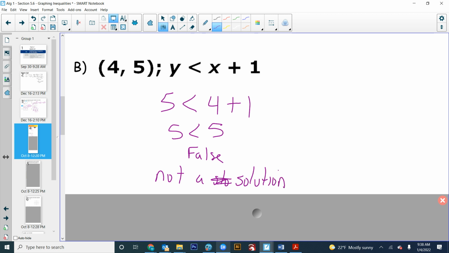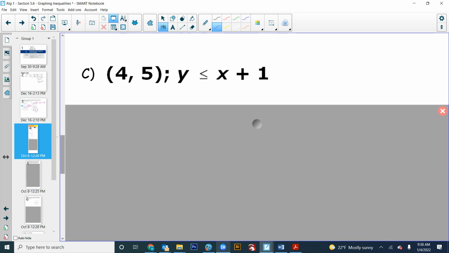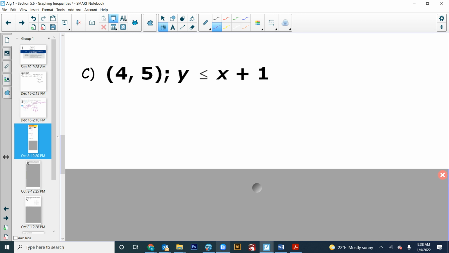That's not a solution, okay? Now, what's the difference of this one and the one we just did? I think Joe might have been looking at that one. Or equal to. That's going to change things, isn't it? So I got 5 is less than or equal to 4 plus 1. 5 is less than or equal to 5.